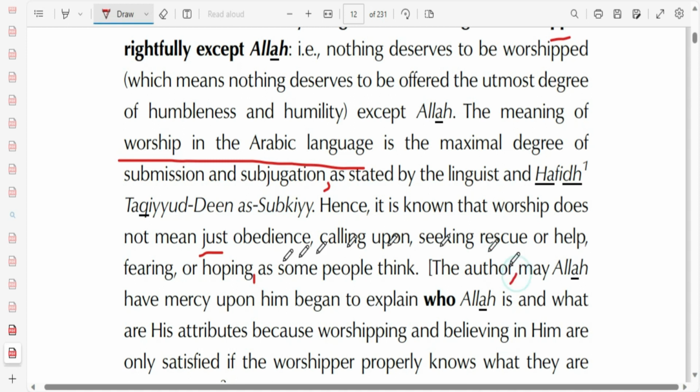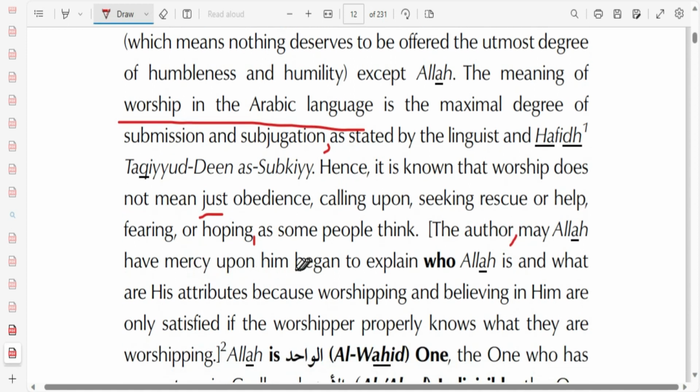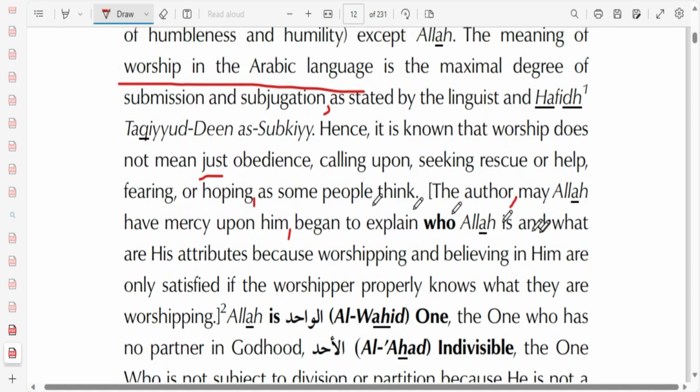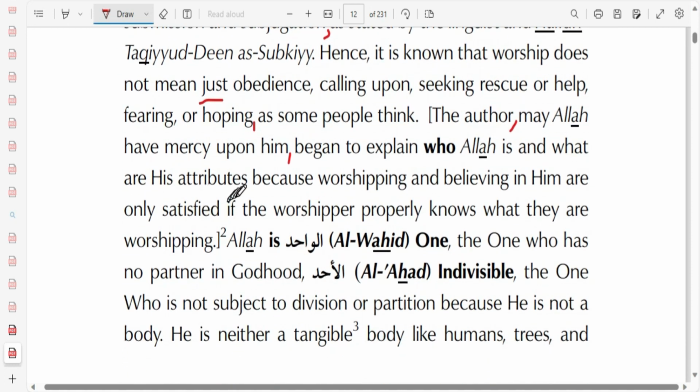The author, may Allah have mercy upon him, began to explain who Allah is and what are his attributes, because worshiping and believing in him are only satisfied if the worshiper properly knows what he is worshiping.